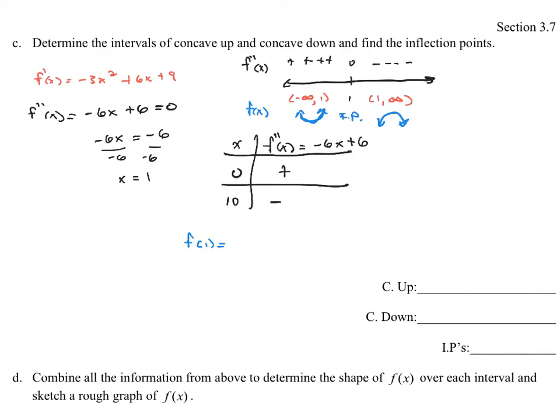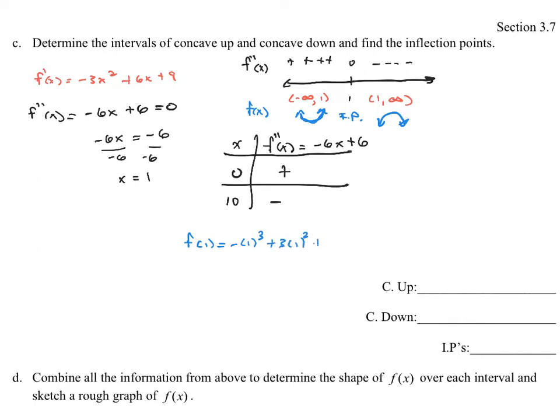So let's go back in and plug that into our original function. If you remember, our original function was -x cubed. So that would be negative, and then we'd have 1 cubed. And then it was plus 3x squared, so that'd be plus 3 times 1 squared.